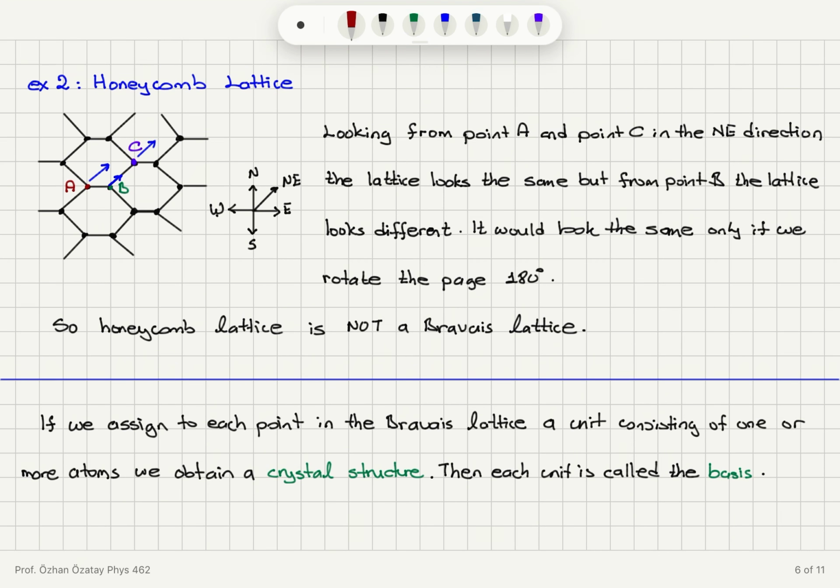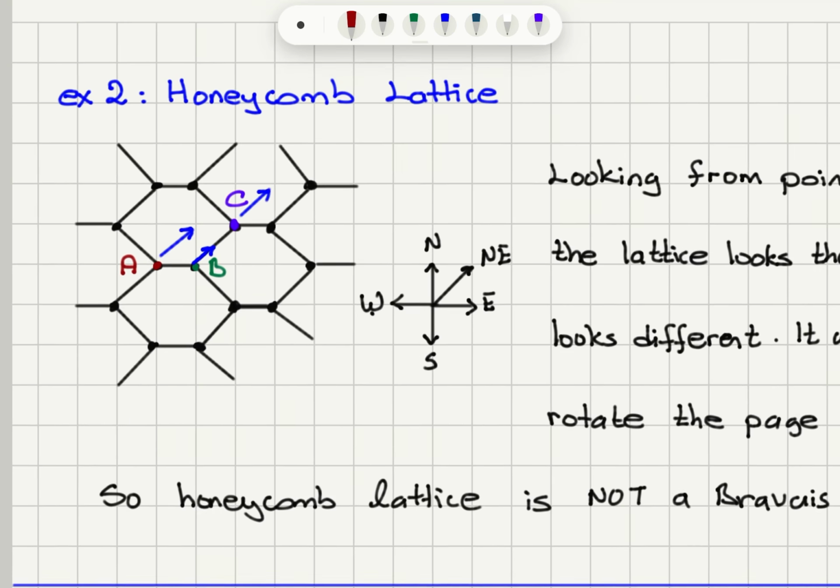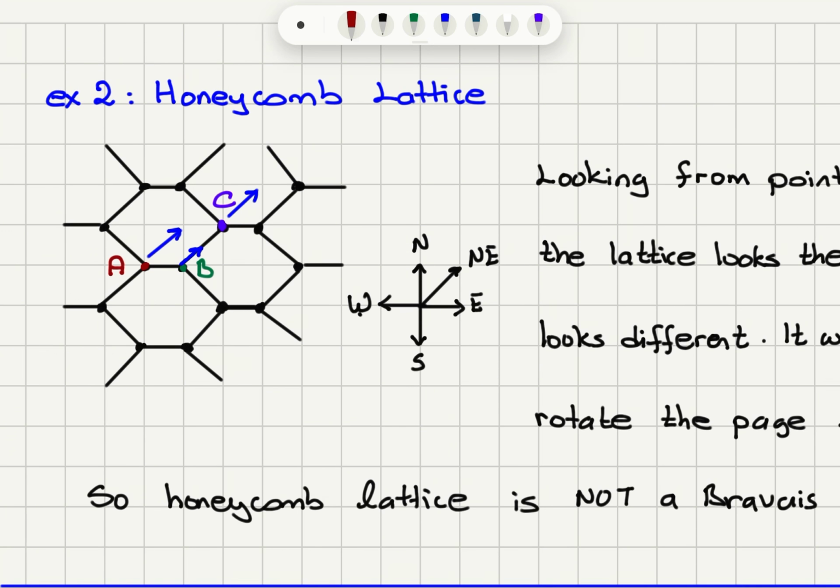On the other hand, when we look at the Honeycomb lattice, you can see it here, and I have defined the directions as north, south, west, east, and northeast. So when I go from point A to point C in the Honeycomb lattice, and when I look in the northeast direction, I see exactly the same thing.